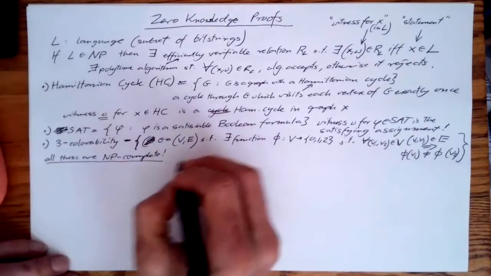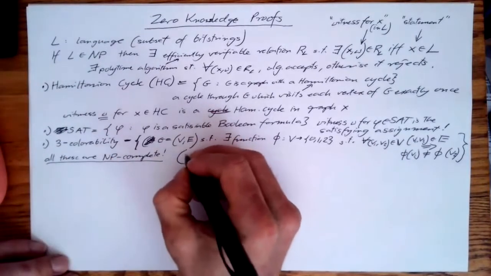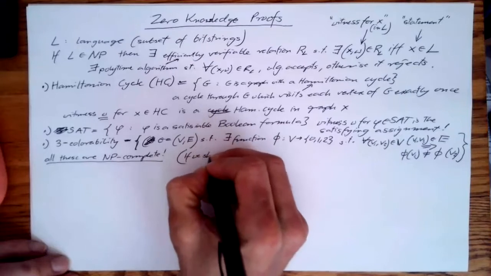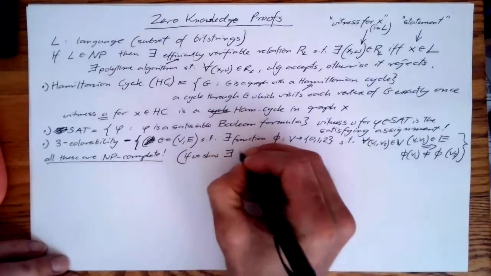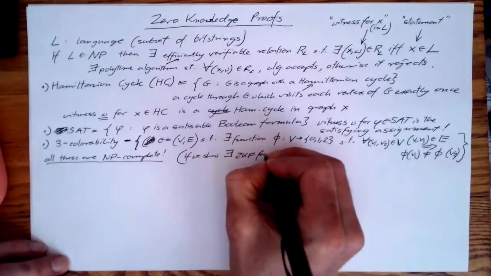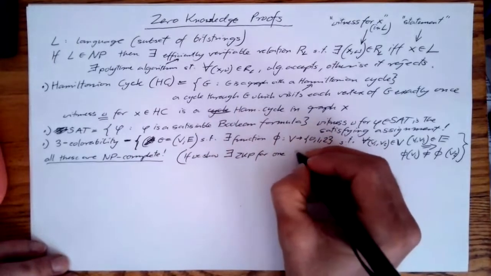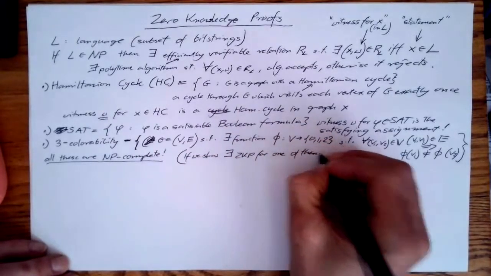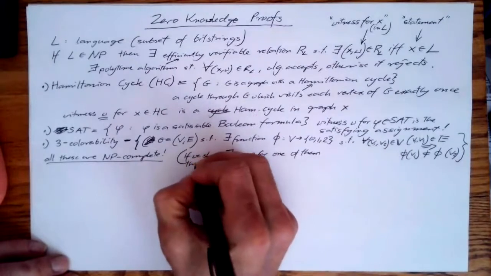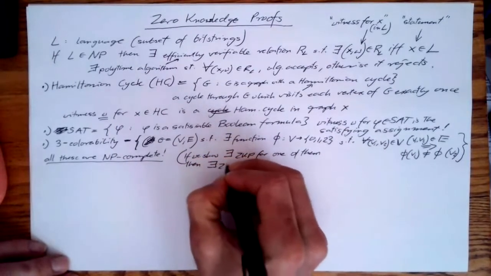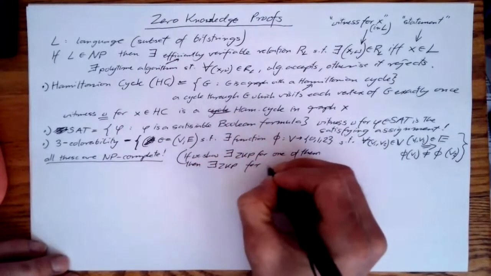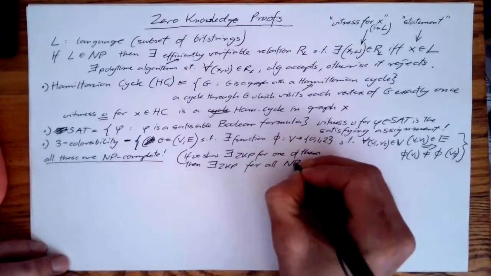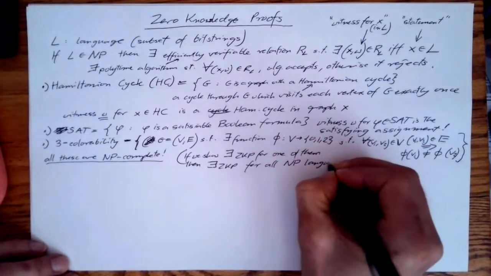And that in particular means that if we show that there exists a zero knowledge proof for one of them, then there will exist a zero knowledge proof for all NP languages.